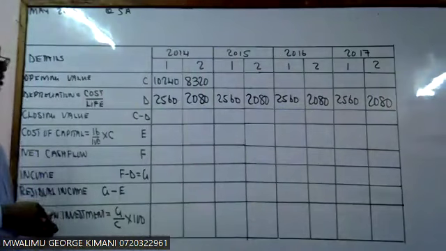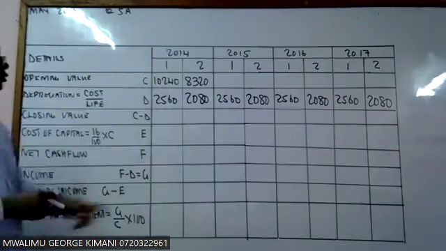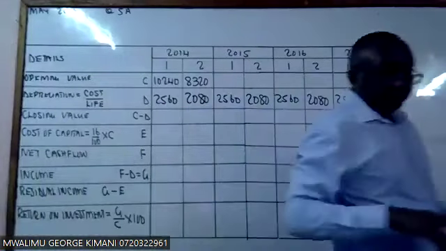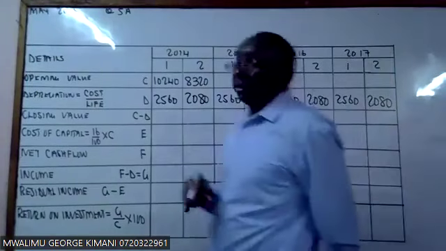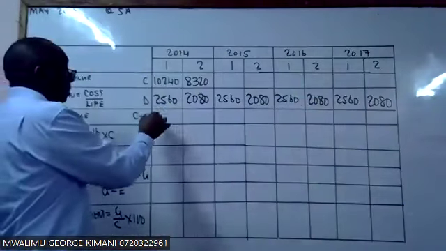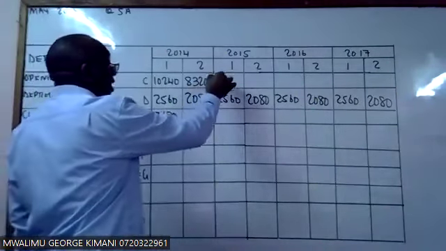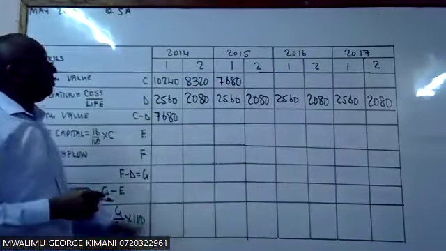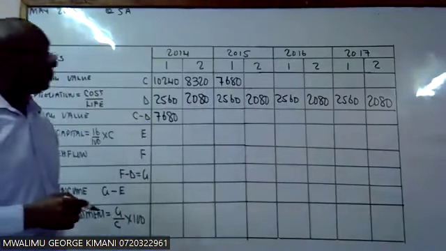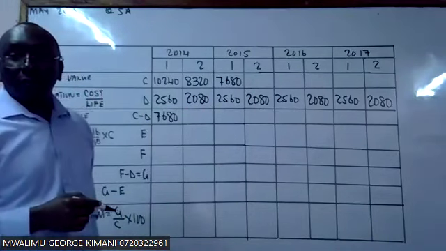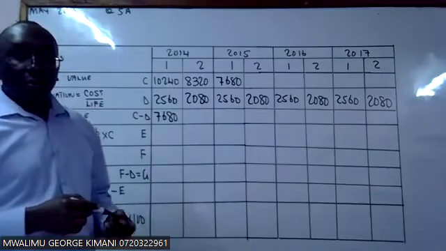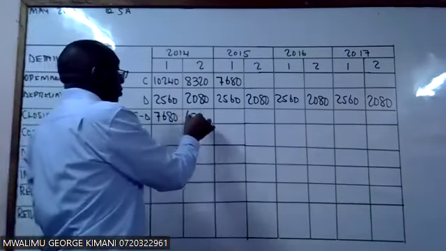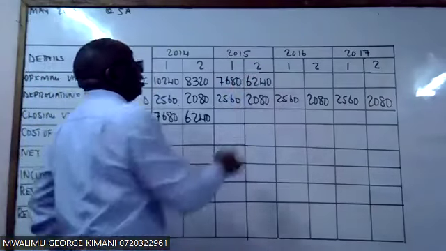So let's get the closing balances for each year. 10,240 minus 2560 gives 7680, and that 7680 becomes the opening balance of the next year. Then 8320 minus 2080 gives 6240, which becomes the opening there.